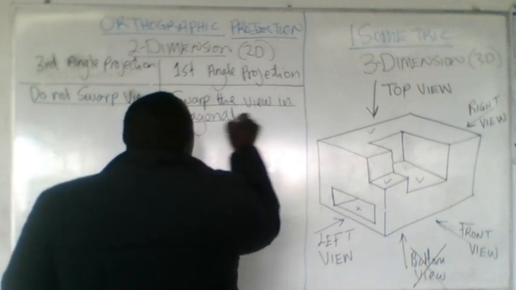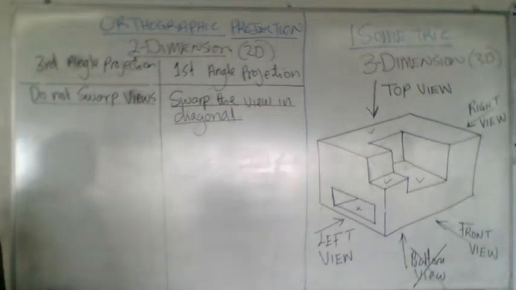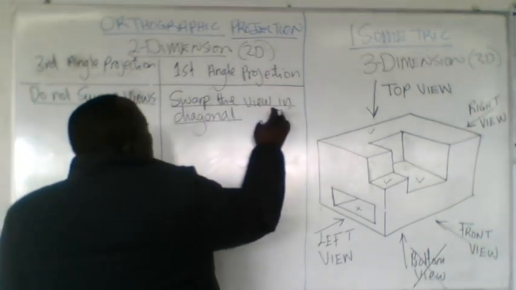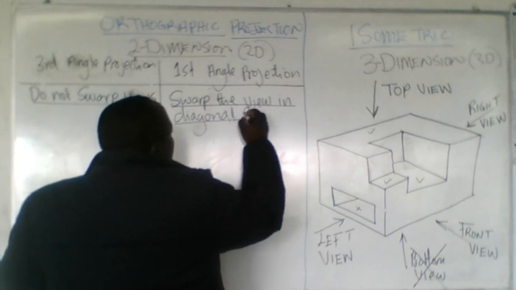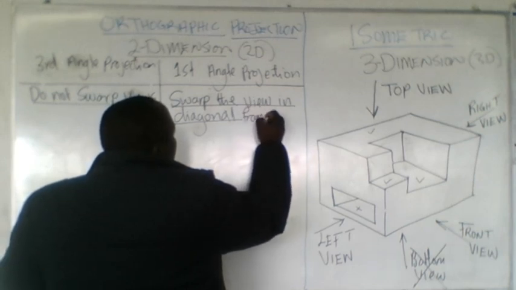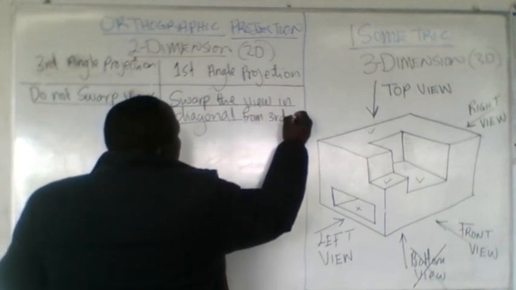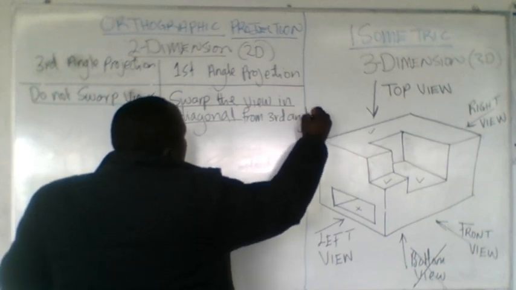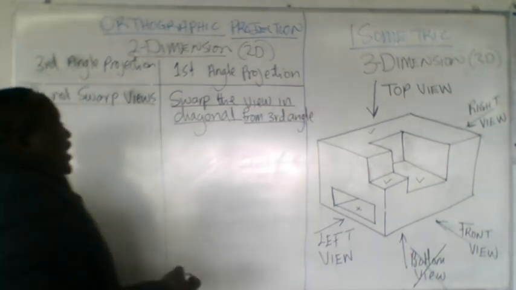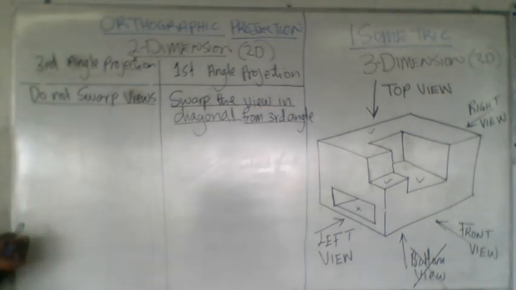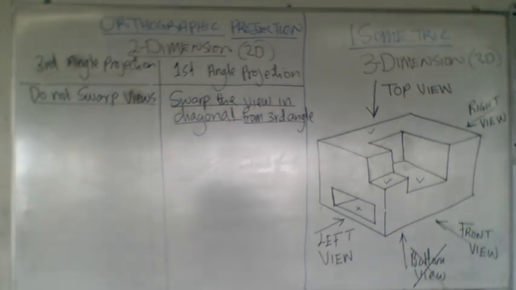So that is the first angle projection. From what? Swap the views in diagonal from third angle. So third angle creates, first angle only swaps the views. Are we together? Yes.